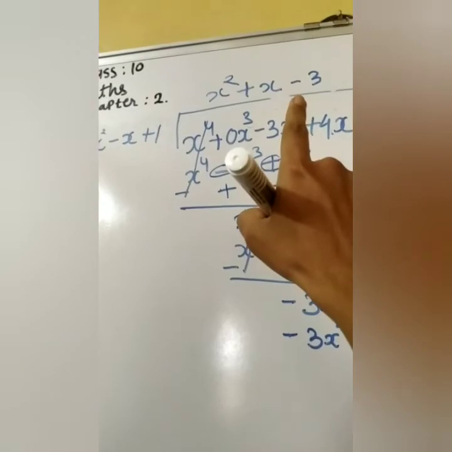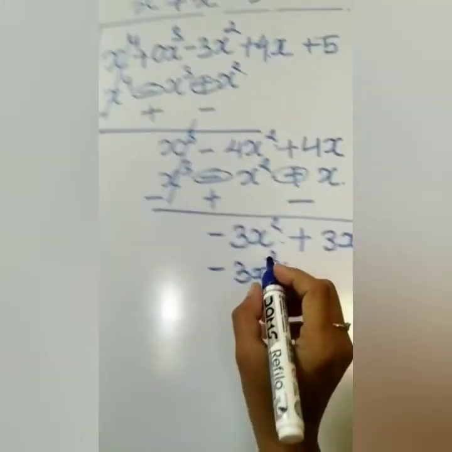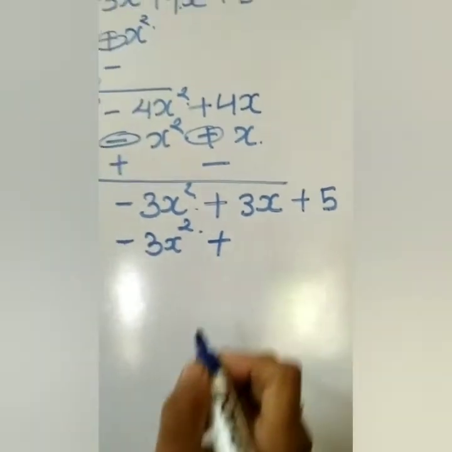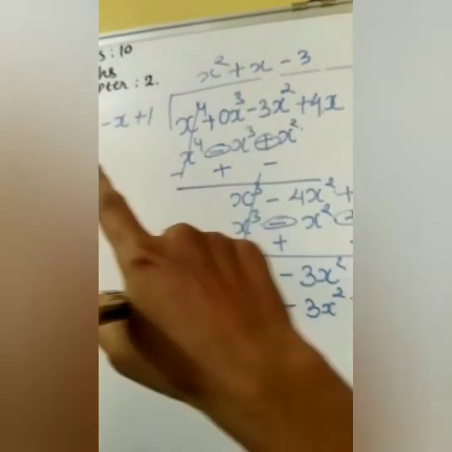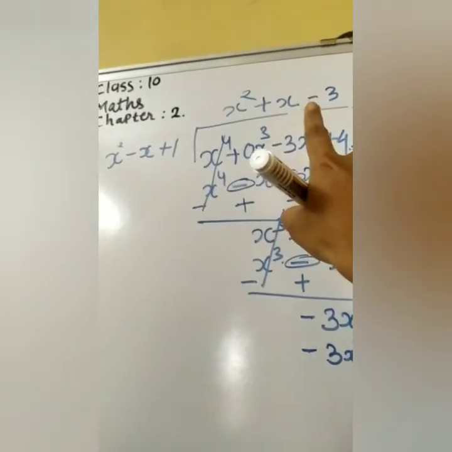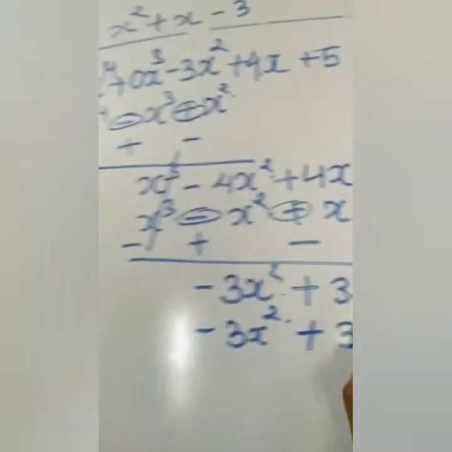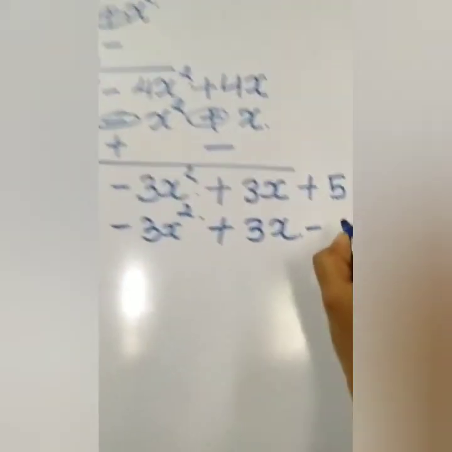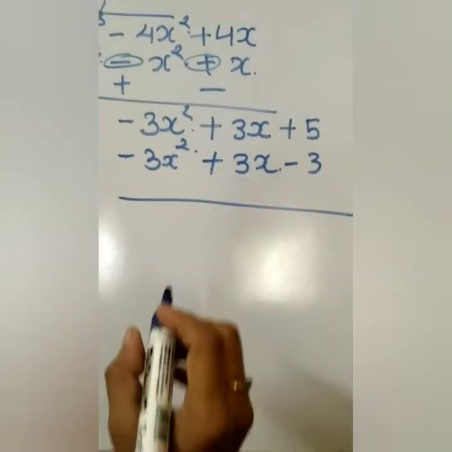When we will multiply minus 3 with minus x, minus minus will become plus. So first we will write plus 3x, and then plus minus will become minus, so we are writing minus over here, and 3 ones are 3.